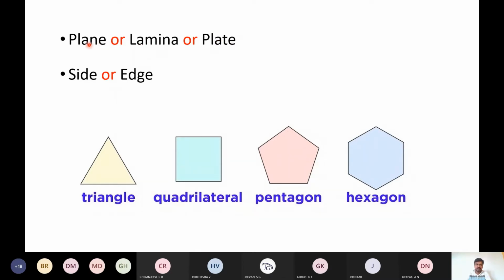Okay, so you need not get confused. In a few problems they will use the term lamina. In a few problems they will use the term plate. In a few problems they will use the term plane. All the three terms will convey same meaning. Next, again, side or edge, both are same. At times in the problems they use the term side. At times they use edge, both are same.